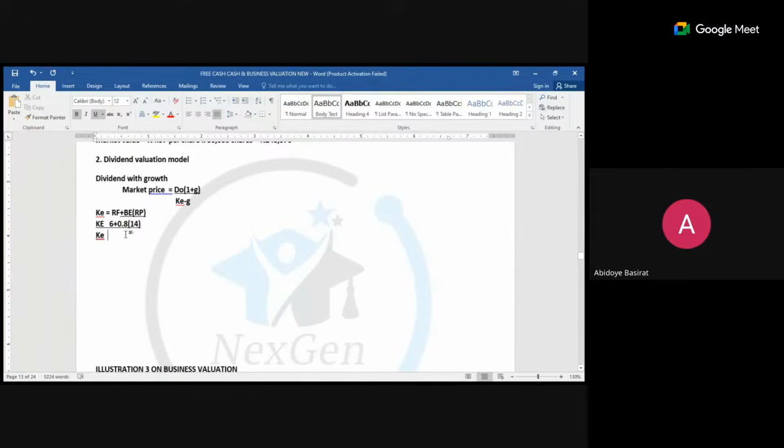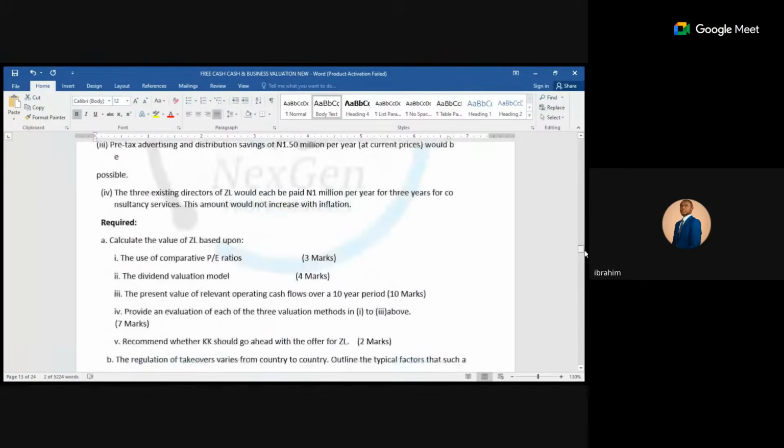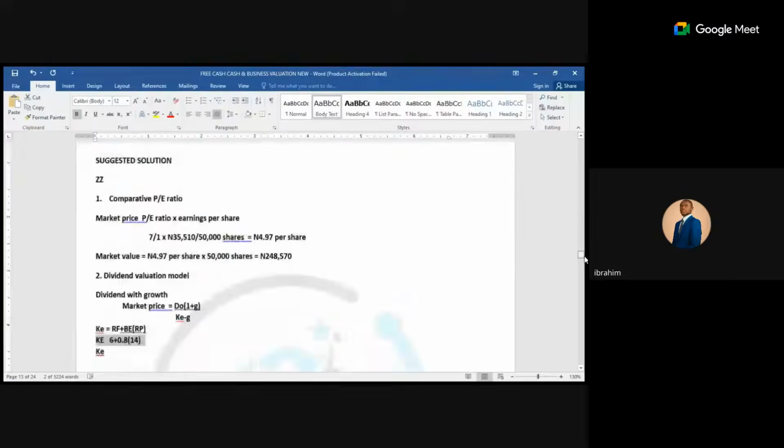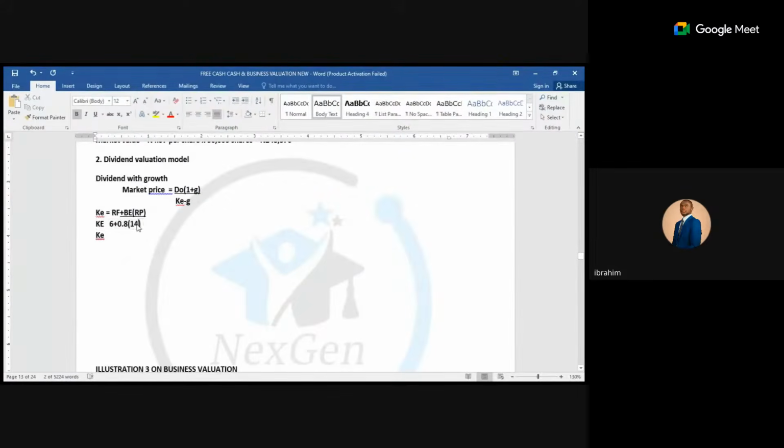It is not the risk premium they give us, but the market return. Return on market, so not risk premium. Okay, let me see now. Market return 14 minus 6.